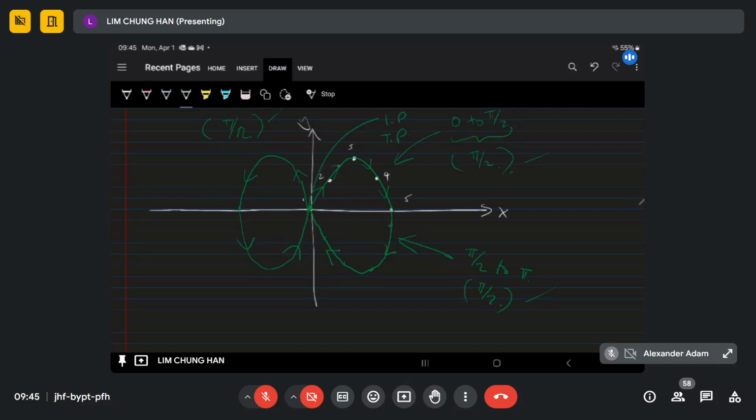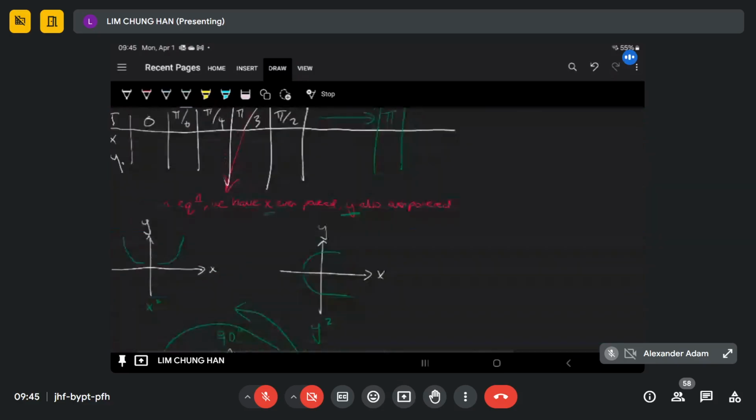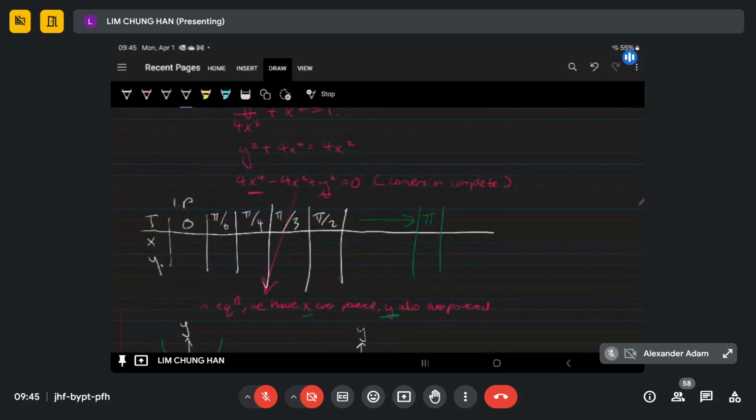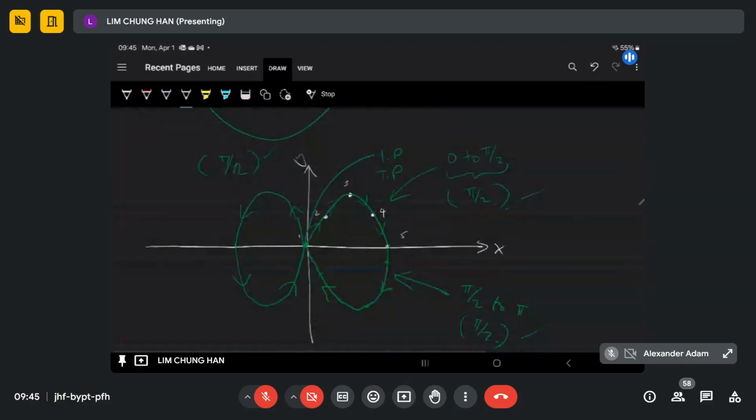And then I also have my direction already. Yeah, so it looks like butterfly wings. So you can use this table to plot all the way to 2 pi, and you will get this shape.